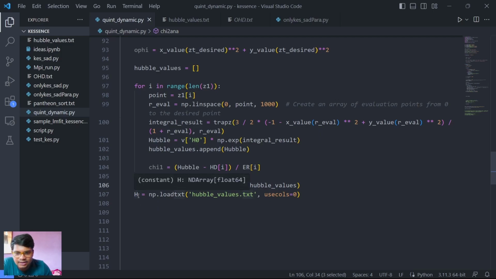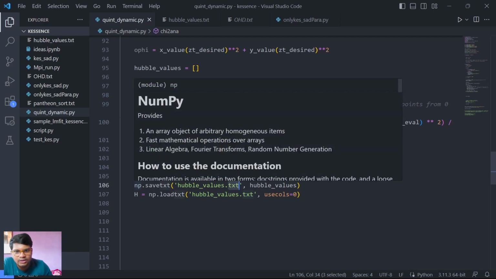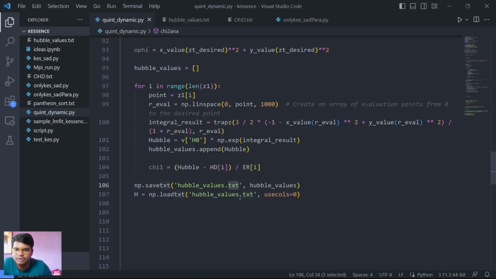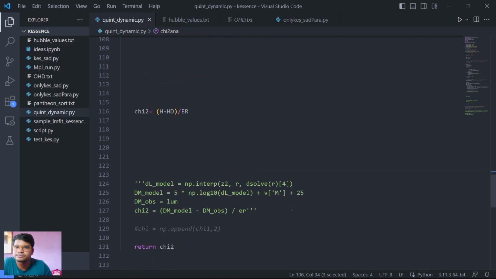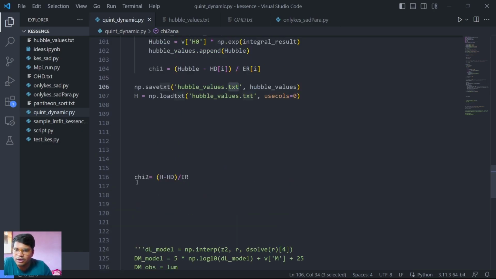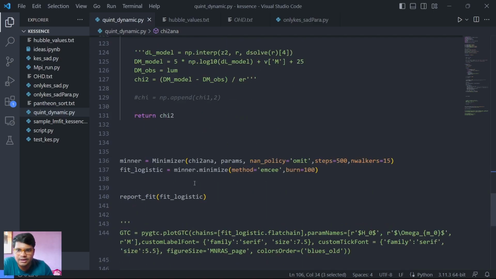Now I'm defining another h in which I am loading this file, np.loadtxt of the Hubble value txt file with usecols equal to 0. From here we define chi2 with h minus sd, with the h list, sd list, and er list. So now you have chi2 as a list, and I am returning chi2, right?